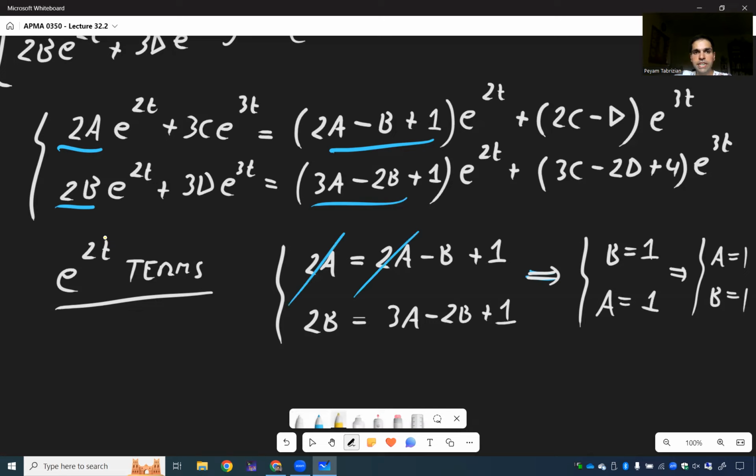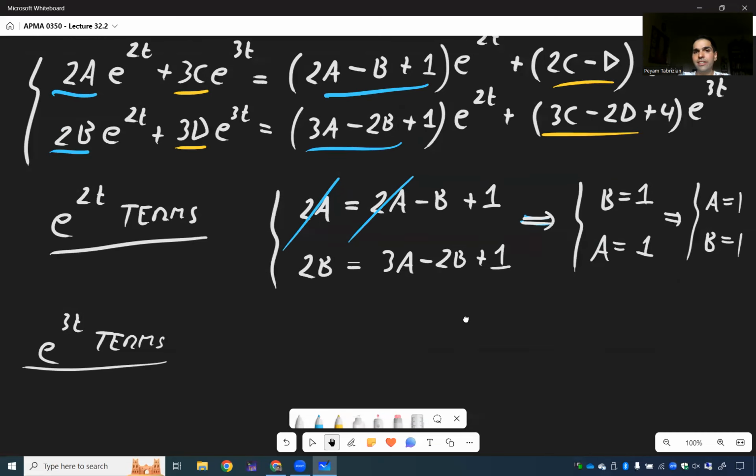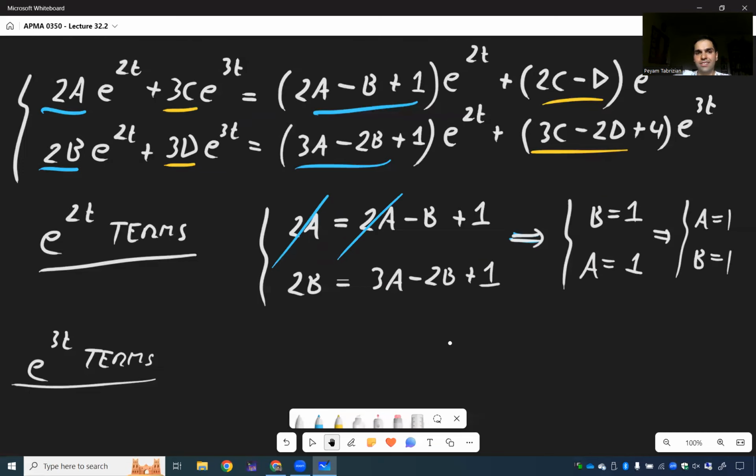And same spiel for the e to the 3t terms. Again, which is reassuring because you would expect a 4x4 system, but luckily not in this case. But if you're curious, there's an extra example in the notes where you actually might have to solve the whole thing.